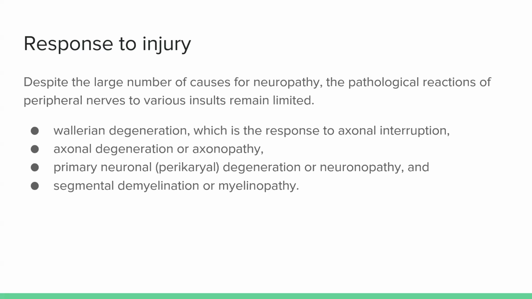A primary neuronal degeneration is when the dorsal root ganglia is affected. The whole soma dies, the sensory neuron dies, and so there will be degeneration of the whole axon and the myelin. This is classically seen in tabes dorsalis.